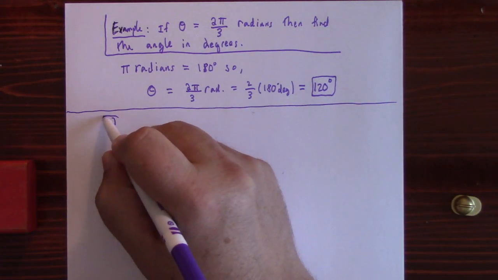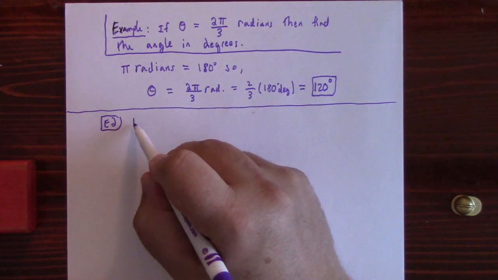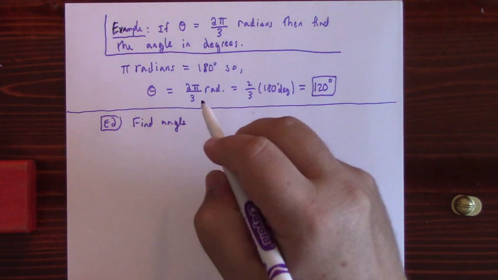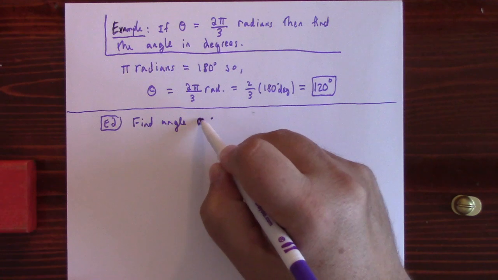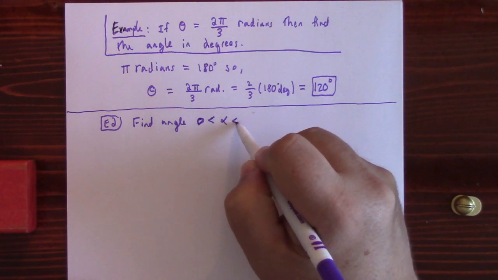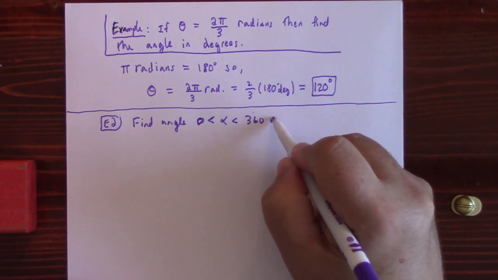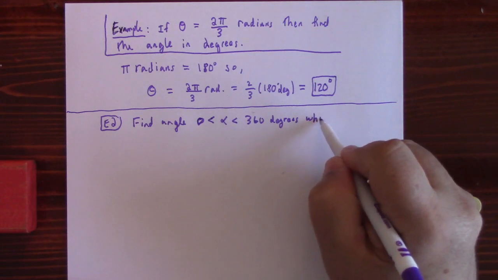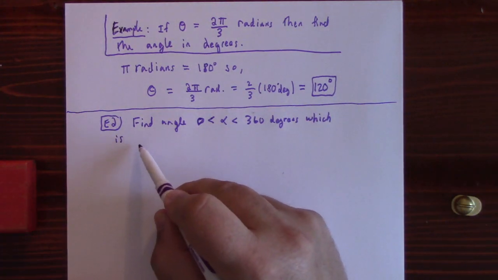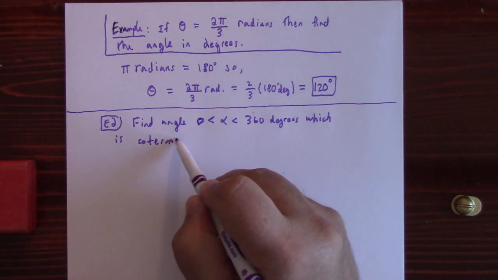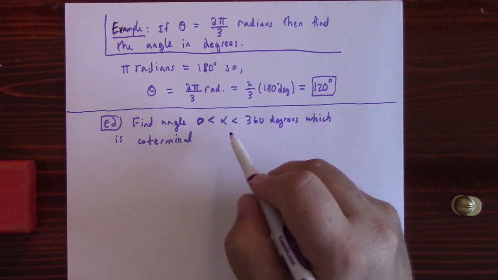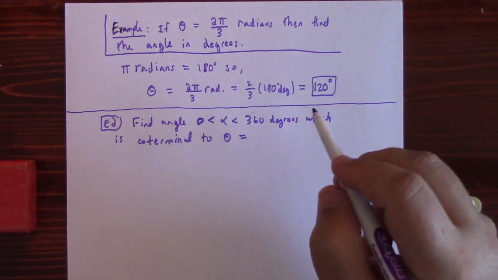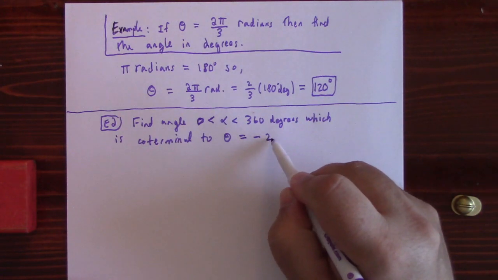Example 2. Alright, let's find an angle alpha, 0 less than or equal to alpha less than 360 degrees, which is coterminal to theta equal to, let's say, minus 260 degrees.